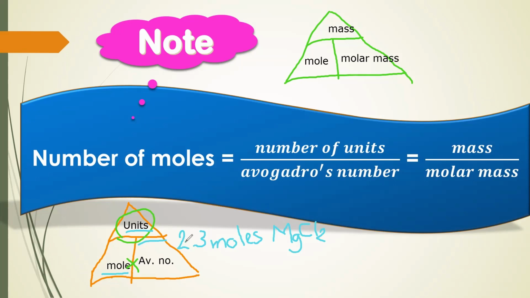How can we get it? So the number of units will equal the number of moles times Avogadro's number.